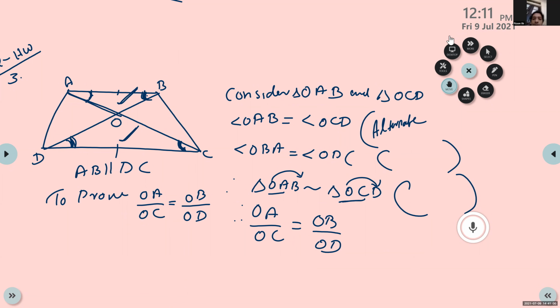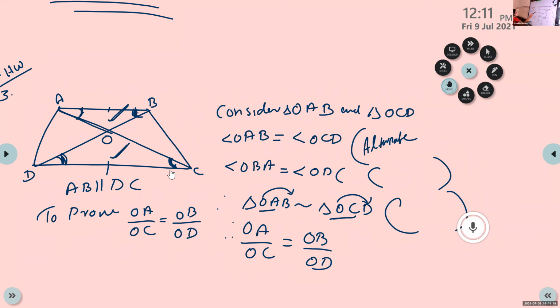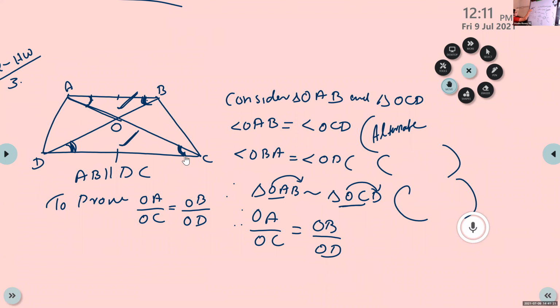Can you explain this once more? Okay. See here we have two triangles OAB and OCD. AB and DC are parallel lines since it is a trapezium. So angle A and angle C are alternate interior angles, they are equal. And angle B and angle D are also alternate interior angles and they are equal.